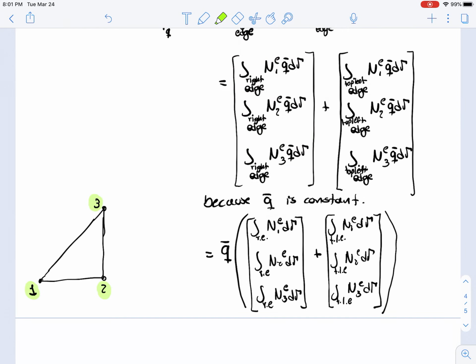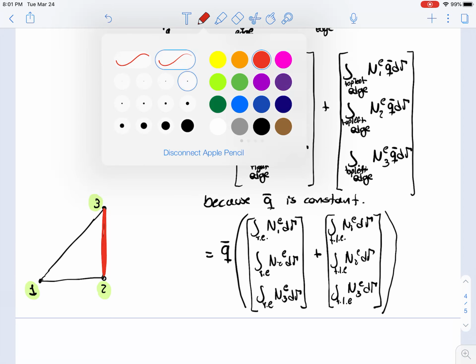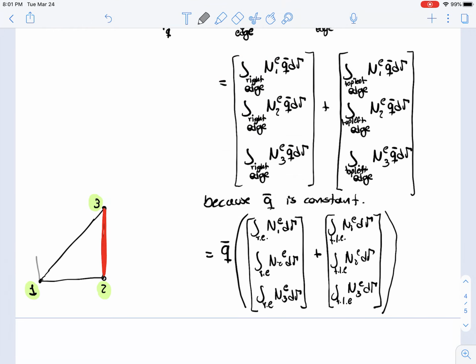The first one, which is the right edge, is this one right here. So I need to integrate shape functions over this edge. N1E is 1 at node 1 and goes to 0 at the other nodes. So the integral of N1E over the right edge is going to be 0.